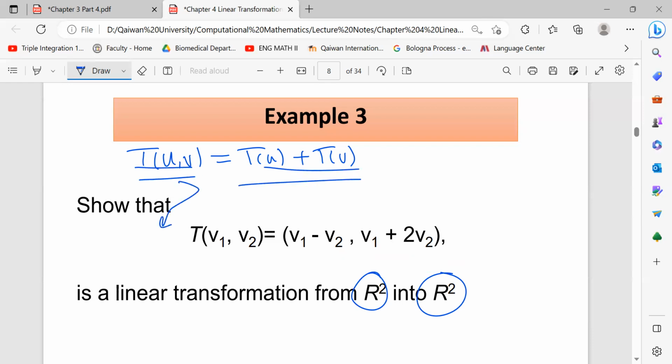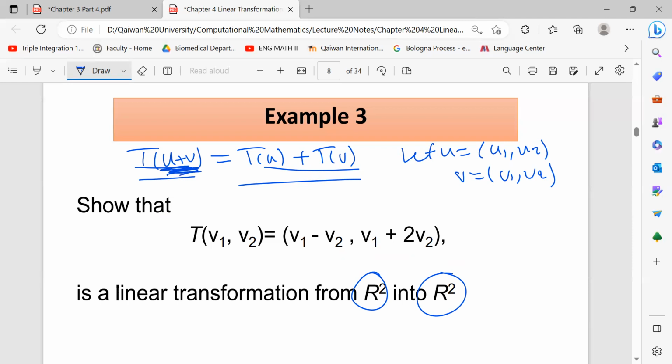Let's first find T of U plus V. Let U be U1, U2 and V be V1, V2. We pick these two vectors in V, in the domain. Let's first find the sum of them.